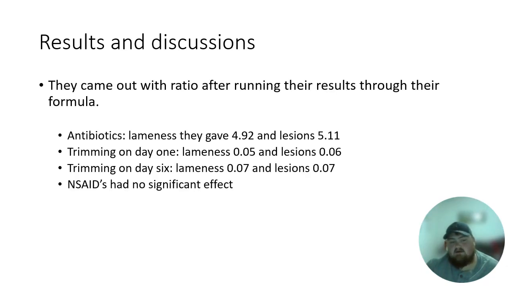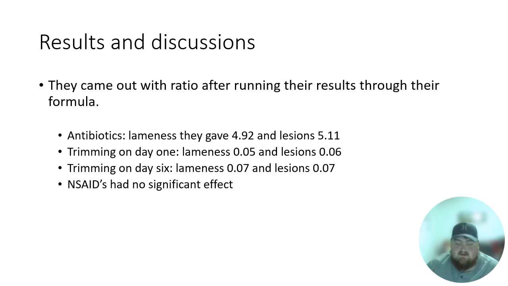In the previous slide, I said they enter the data they've collected into that formula, and they come out with a ratio. These are their ratios after running through their formula for the whole study. In the ratios, the higher, the more effective it was. They came out with antibiotics lameness at 4.92, and lesions at 5.11.